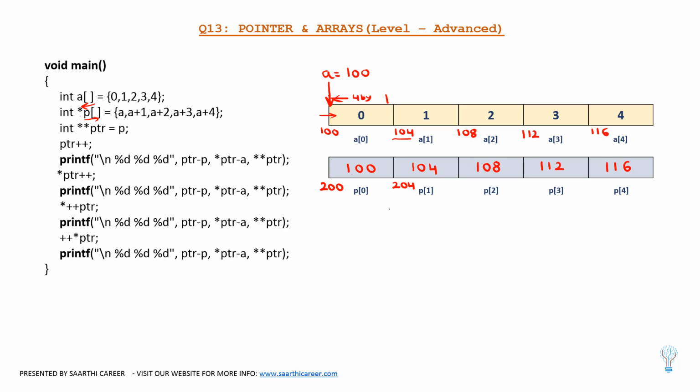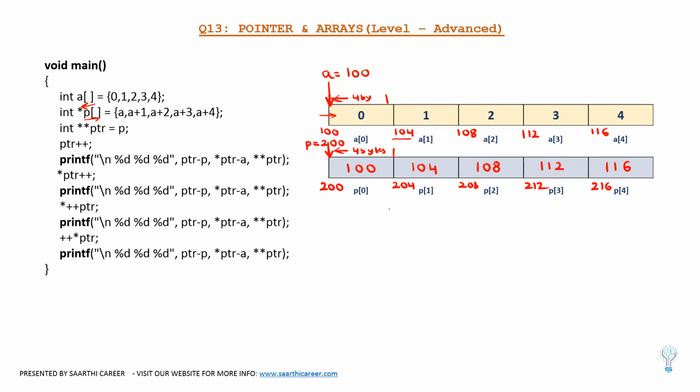We know that these values are pointers, and in a 32-bit system, a pointer also occupies 4 bytes each, which indicates that if this is 4 bytes long, the next element can only begin at 204, and then 208, 212, and 216. The same rule applies again. If P is an array of pointers, the name of the array is itself a pointer which points to the starting element. So P value is nothing but 200.